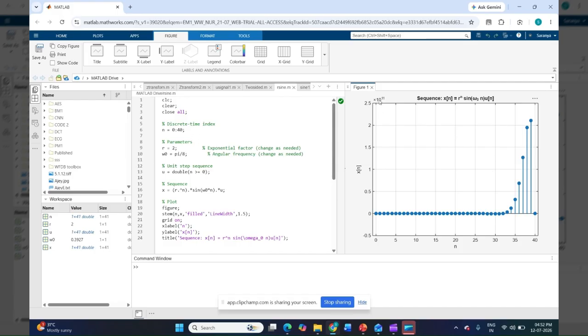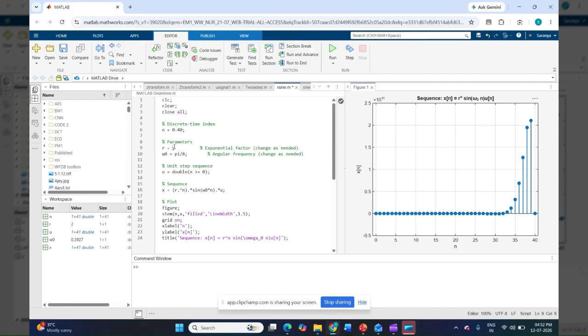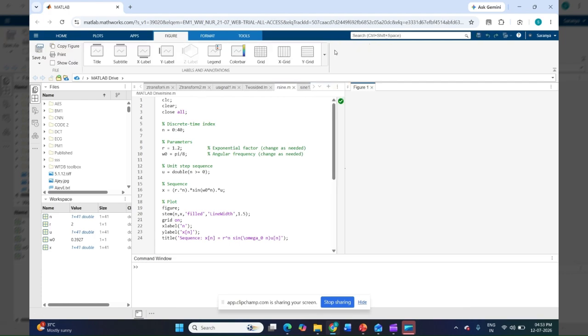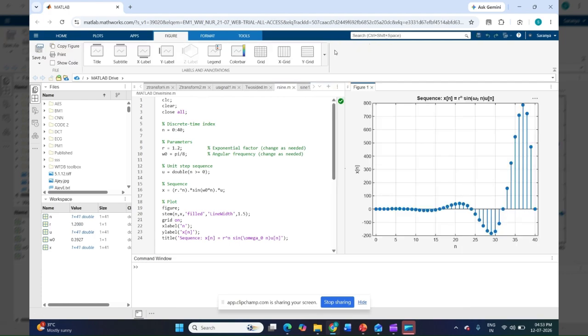Can you see the value? It is not 0; it is around 2.5 into 10 power 11. So it is continuously increasing. The sinusoid will be continuously increasing. Let me take it as 1.2. Can you see how the value is changing? If it is 1.1.